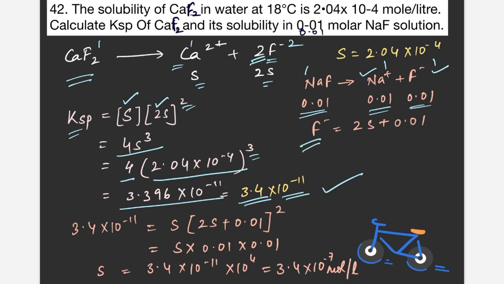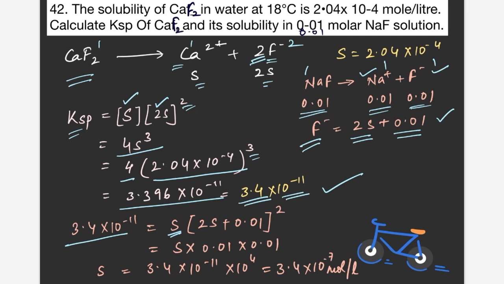तो total fluoride ion concentration जो solution में होगा वो क्या हो जाएगा? Fluoride ion contributed by calcium fluoride, that is 2s, and fluoride ion contributed by sodium fluoride, that is 0.01. So total fluoride ion concentration is 2s plus 0.01 moles. Now the solubility product of calcium fluoride is 3.4 into 10 to the power minus 11, which is equal to concentration of calcium ions, which is equal to the solubility of calcium fluoride.